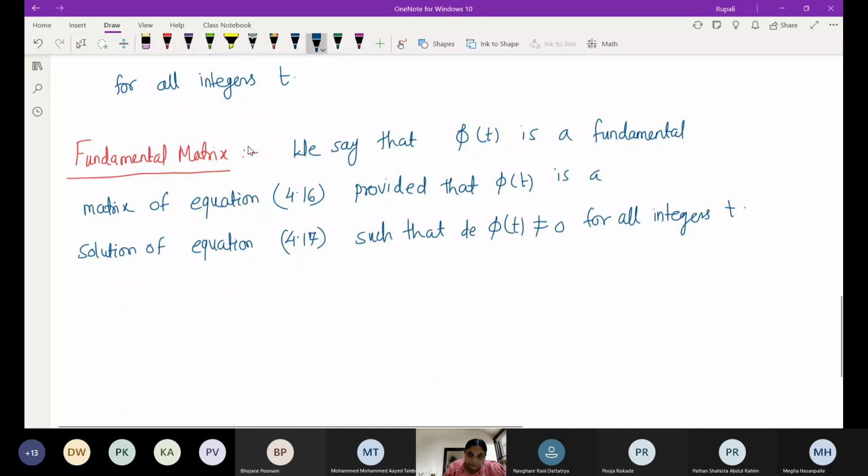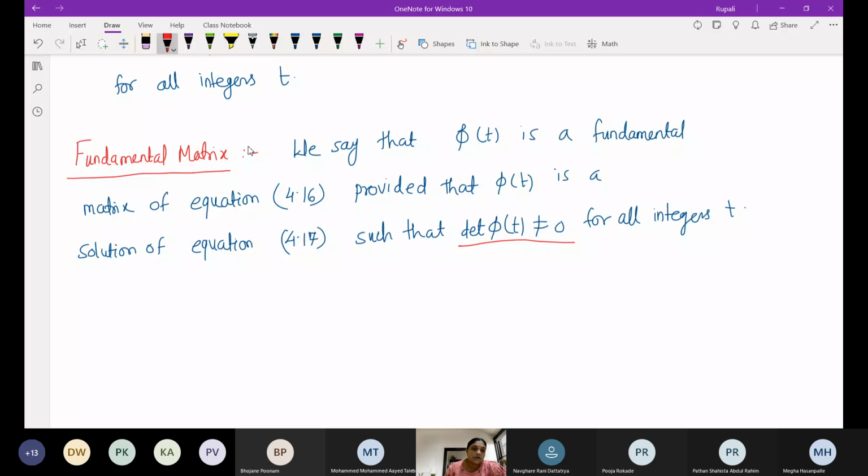If the determinant of phi t is non-zero for all integers t, then we say that our solution phi t is a fundamental matrix for the equation 4.16.